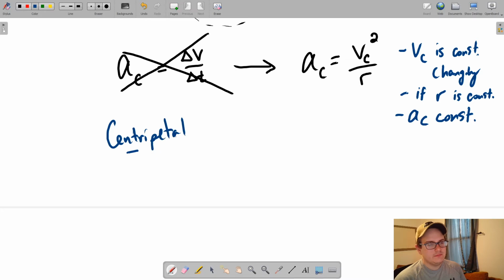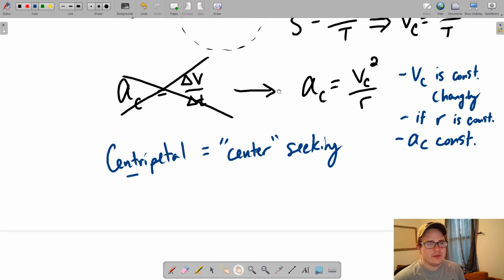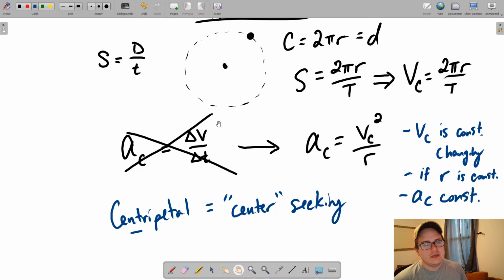This word is centri, which means center, seeking, meaning its acceleration is always inwards. So if I were to go back up here to my image, the acceleration value here would always be pointing inwards, because that object is always curving towards an inwards direction.